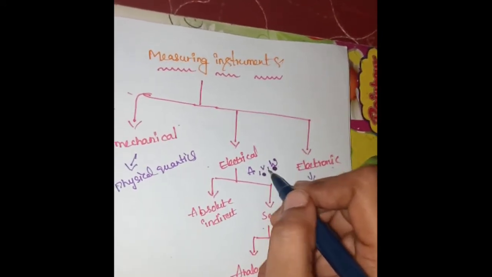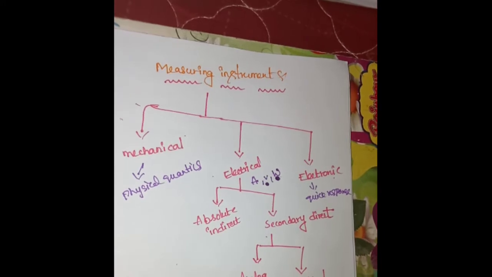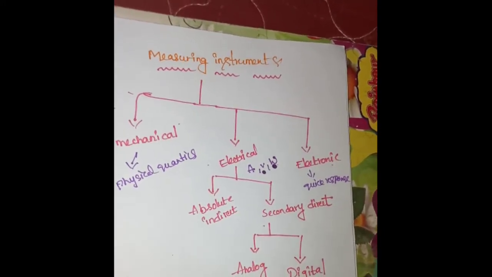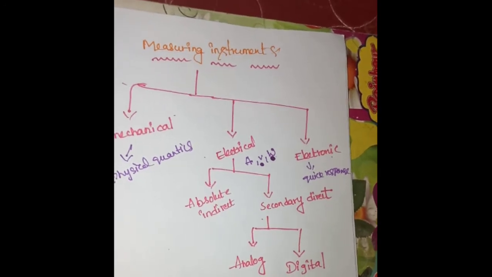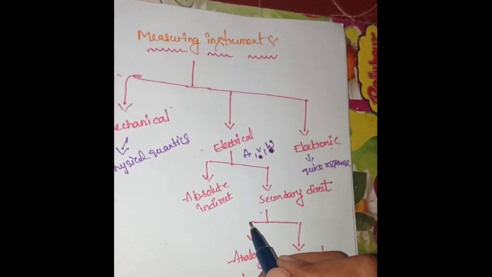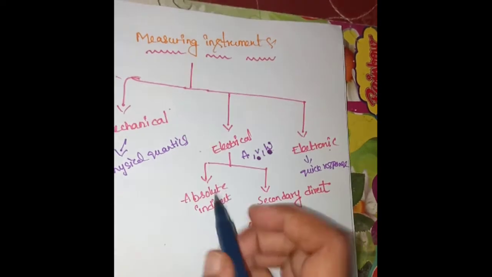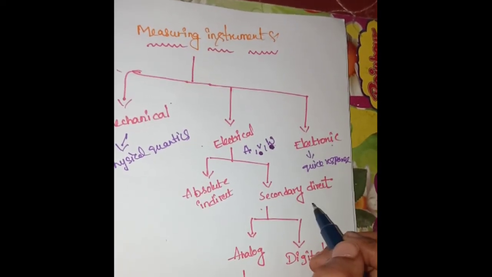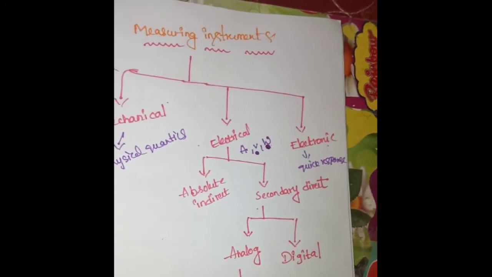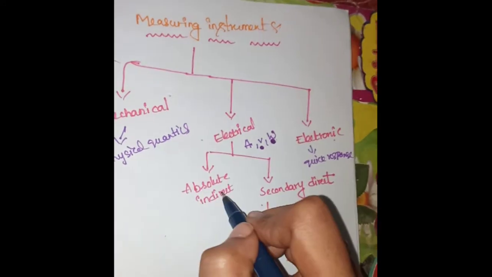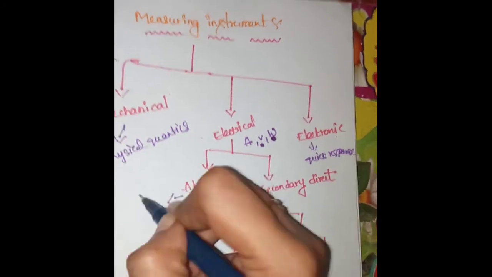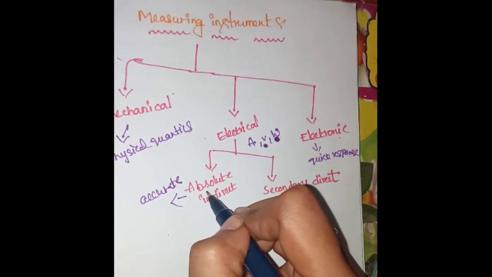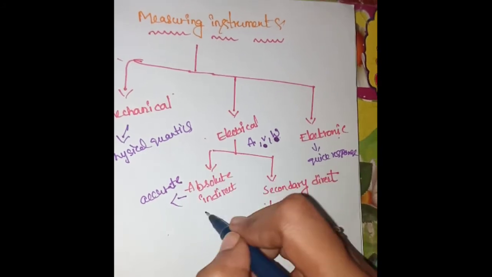The classification of electrical instruments depends upon the method of representing the output readings, and they are classified into two categories: absolute indirect and secondary direct. Here absolute means accurate, it gives accurate values, so it is known as a standard instrument.